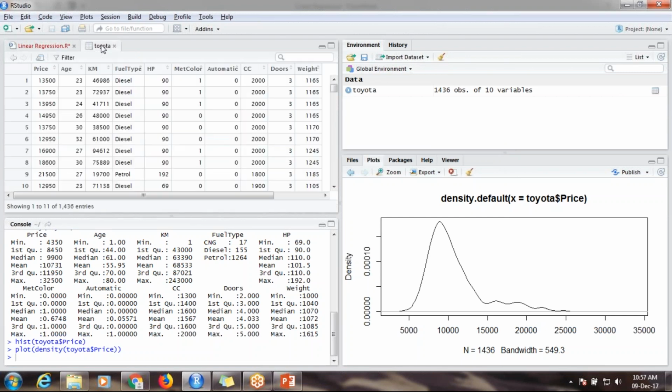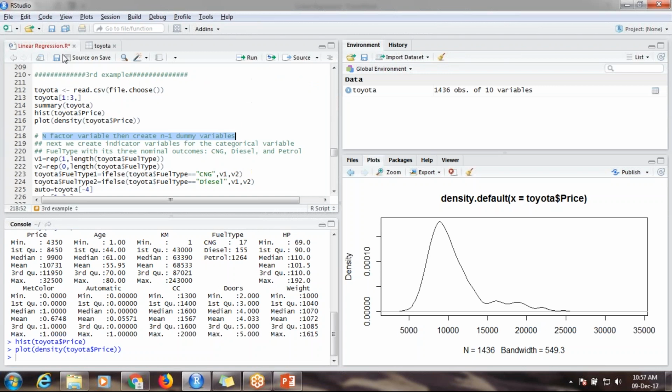Here I have three levels of fuel type, so I need to create two dummy variables, because the third one will be a mirror image of the first two. For example, if the first two are already 0, then it is quite obvious that my third one will be 1. So it becomes a mirror image.